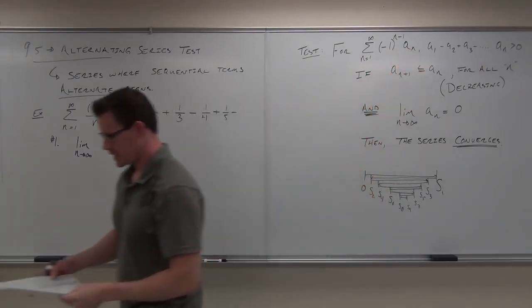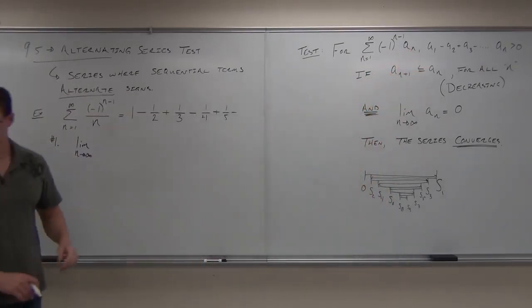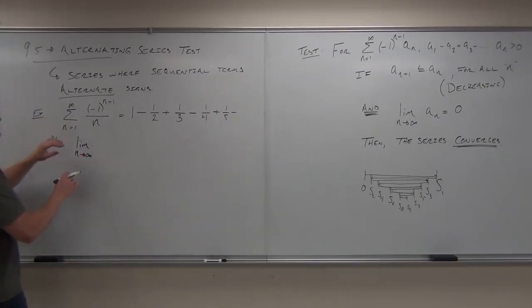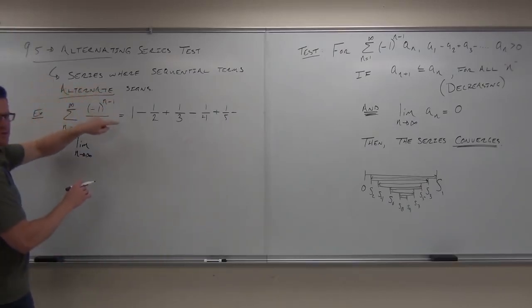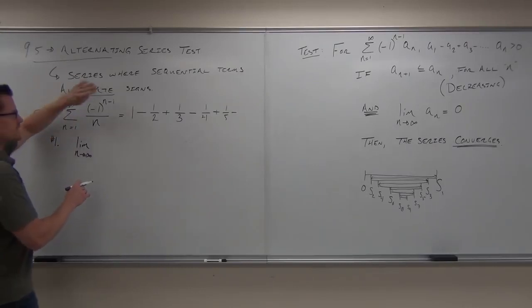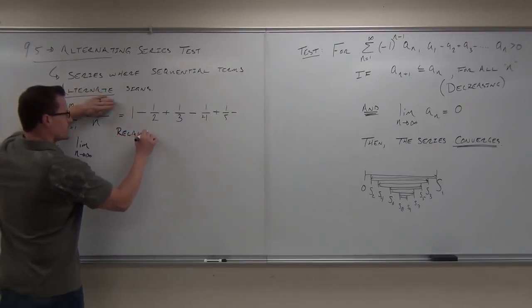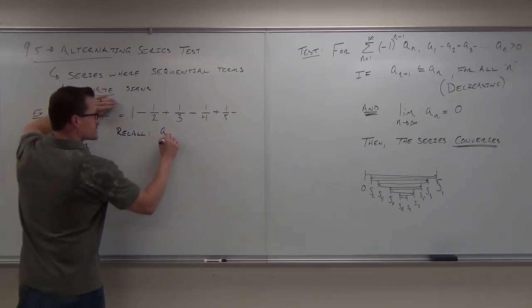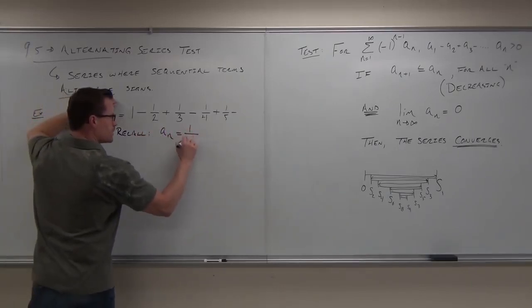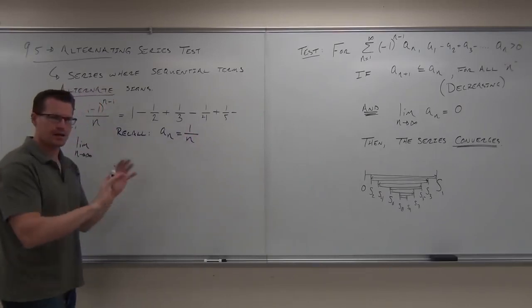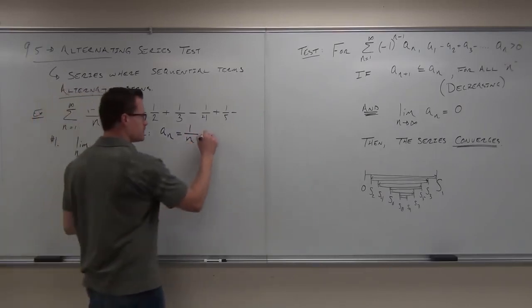So when I'm looking at this one right here, what part says it's alternating? The negative. Take that part away. I'll put a little side note here for you. Recall, a sub n in this case is 1 over n. It does not include the negative 1 to a power.